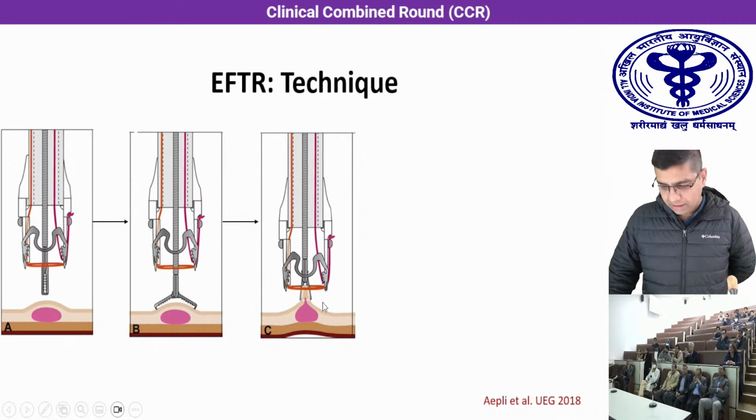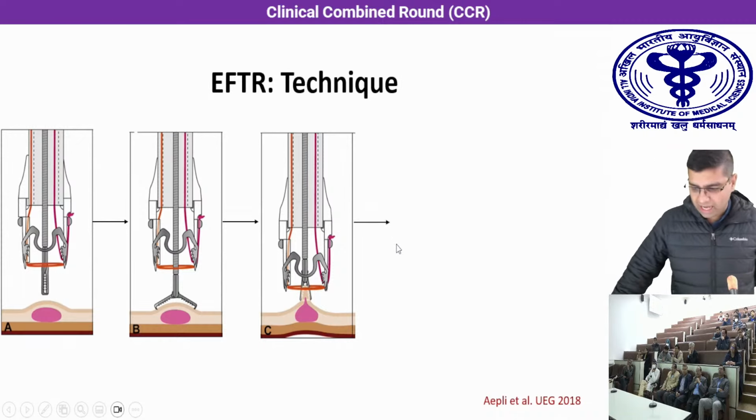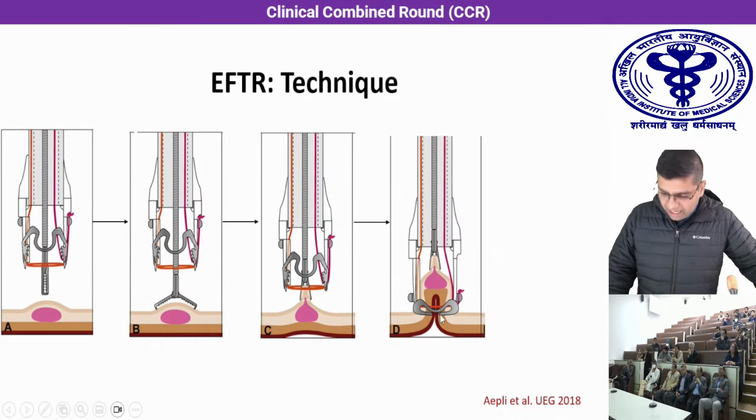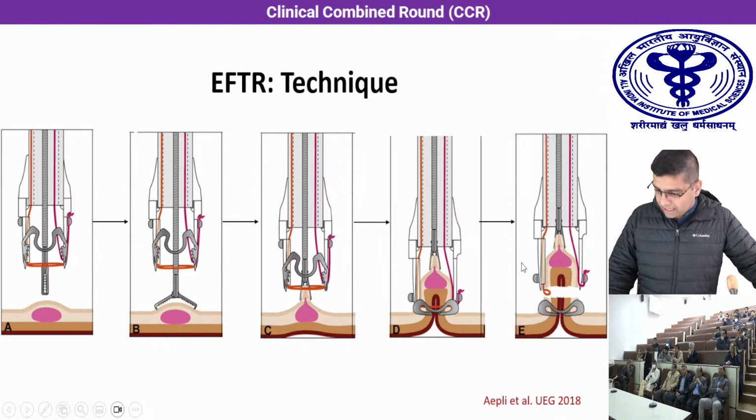Using suction, all the layers of the intestinal wall are sucked into the cap. After that we apply the closure device before resecting out the lesion, and then the lesion is resected out using an electrocautery snare.